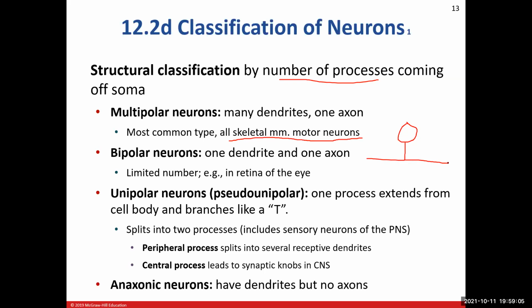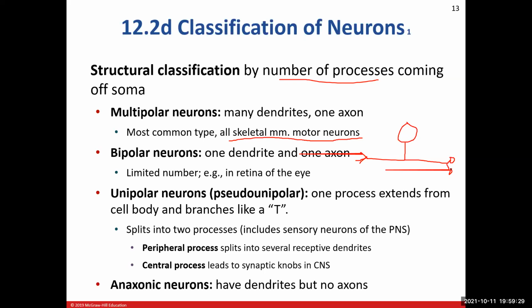One process is the peripheral process, and that's basically going to have the dendrites on it. The other process, the central process, that end is going to have the synaptic knobs. That's a horrible drawing. And that's going to head towards the central nervous system.